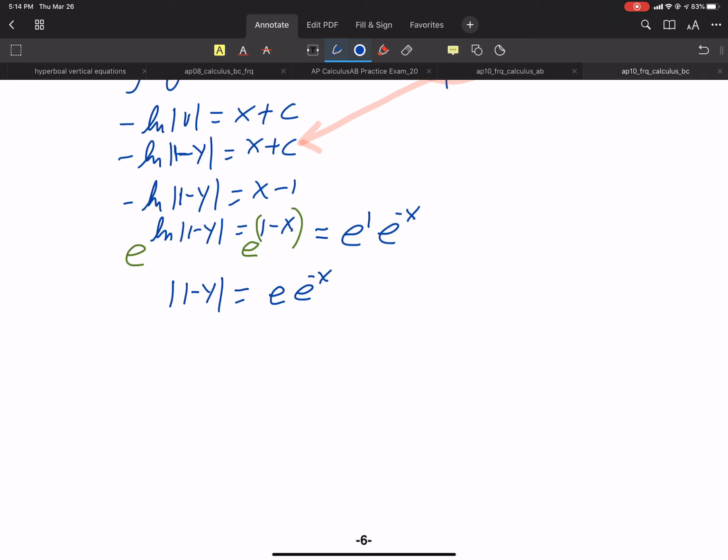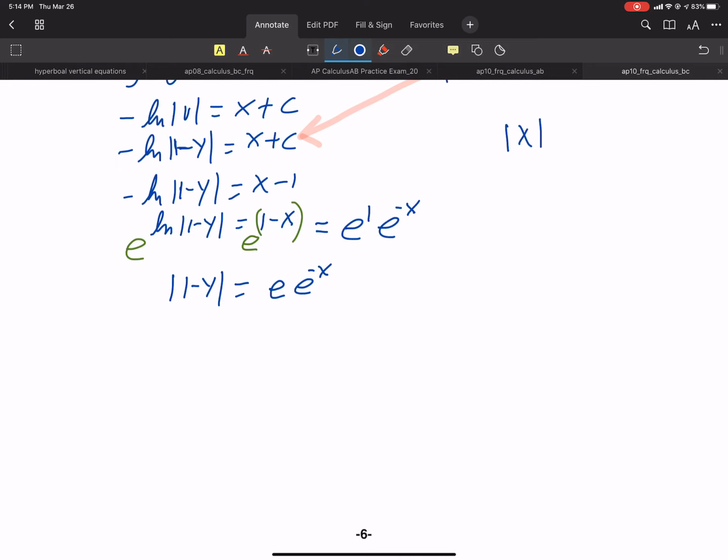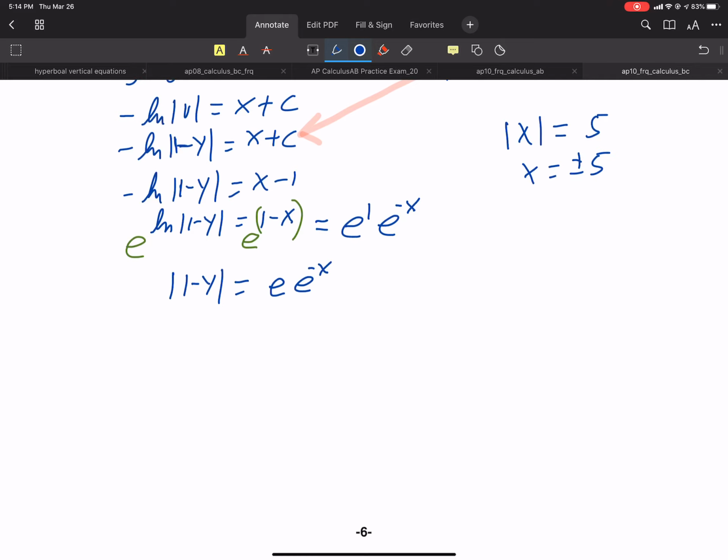We still have to solve for y. Actually, I didn't have to separate that out. We were okay with it. But here is where things get weird. Say I have absolute value of x equals 5. X could be plus or minus 5. So to get rid of an absolute value, I need to make the other side plus or minus that. So I can get rid of the absolute value, but I'm going to get plus or minus e to the minus x.